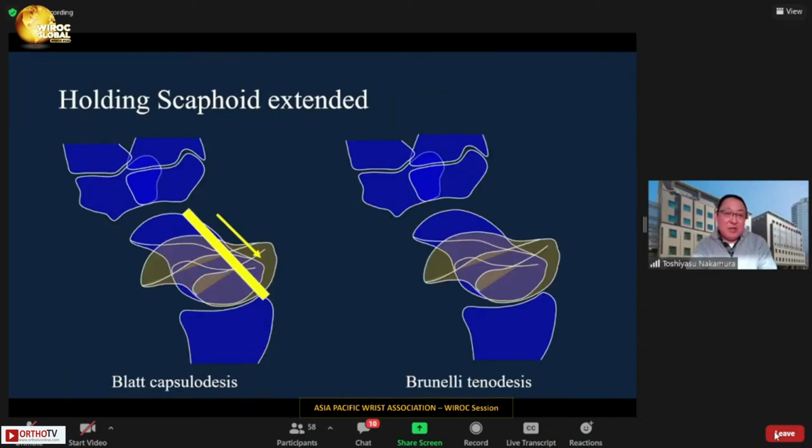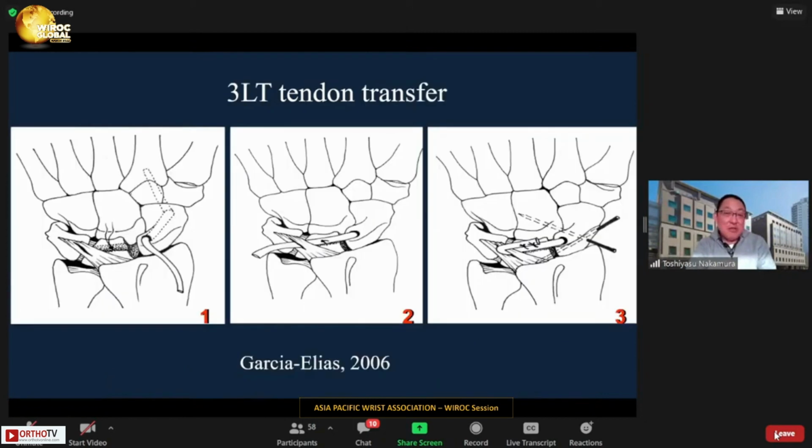Then a Brunelli tenodesis can be indicated, but to my understanding tendon is not a good candidate.